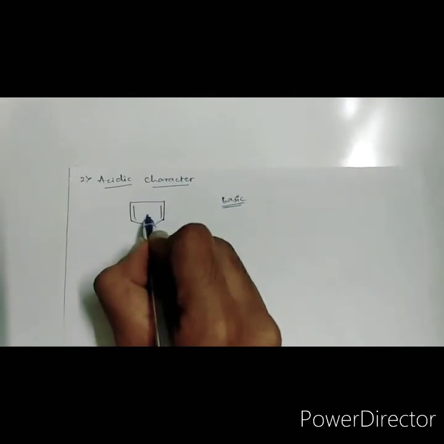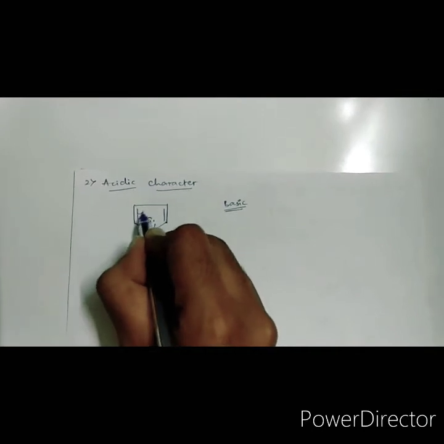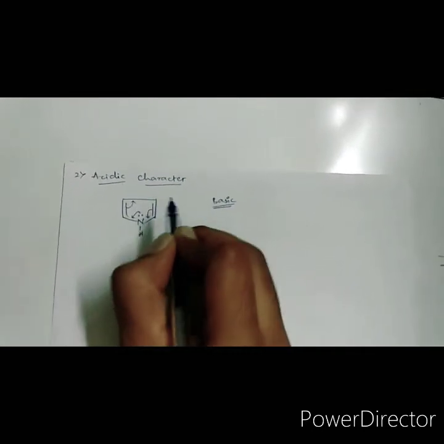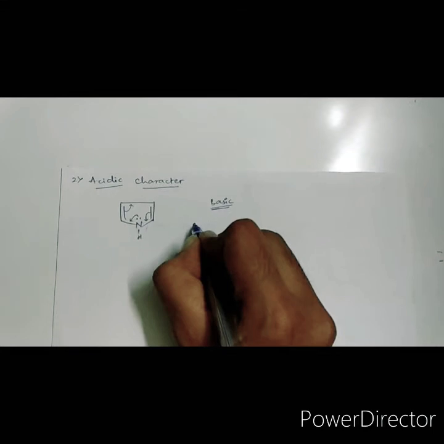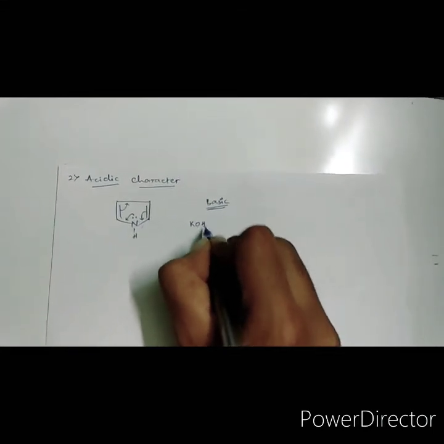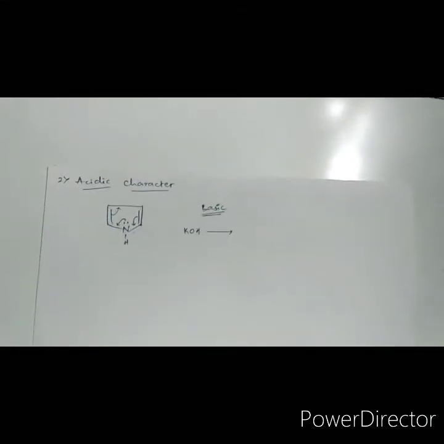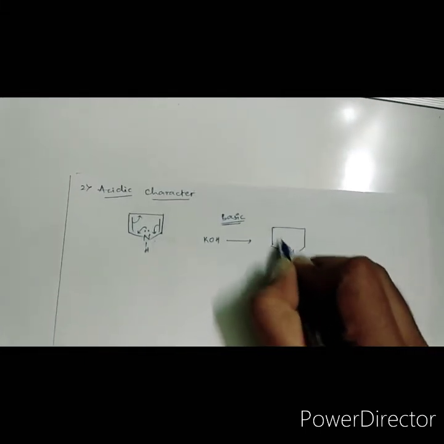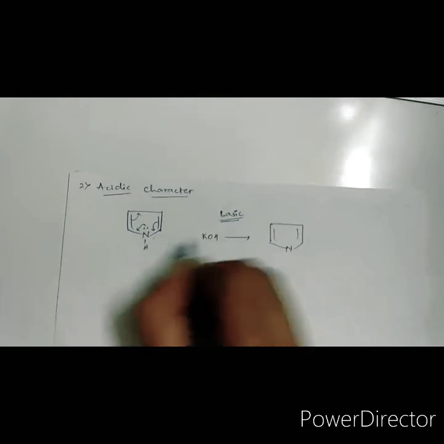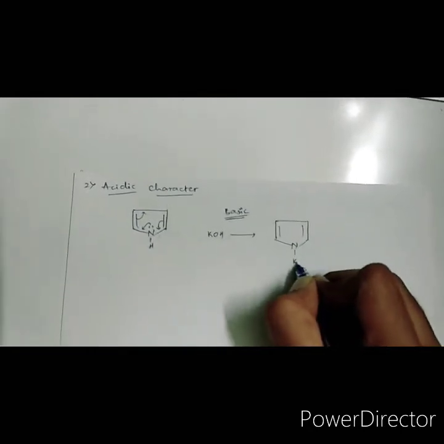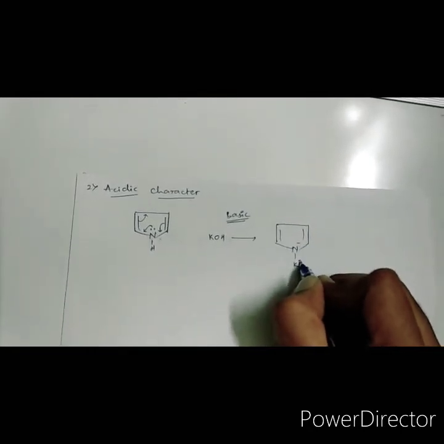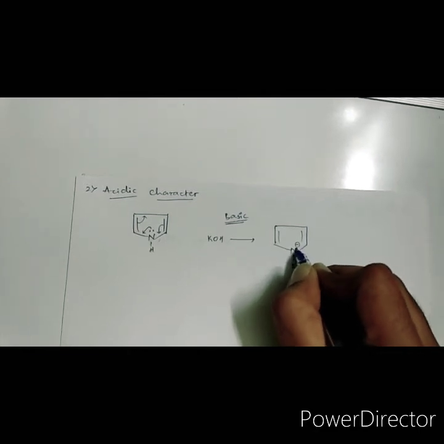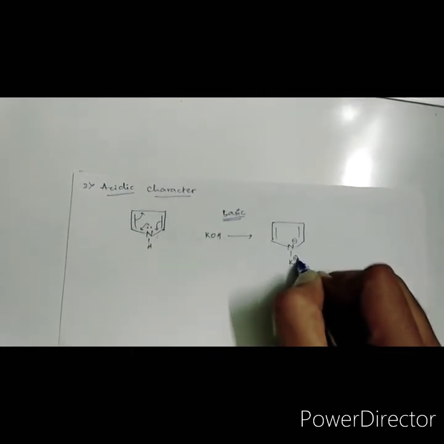As it tends to donate its pair of electrons and undergoes resonance, it may also react with bases like KOH and form anions. This hydrogen is replaced with the potassium.